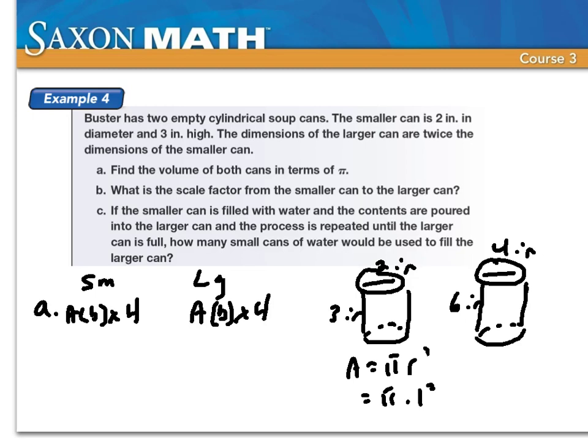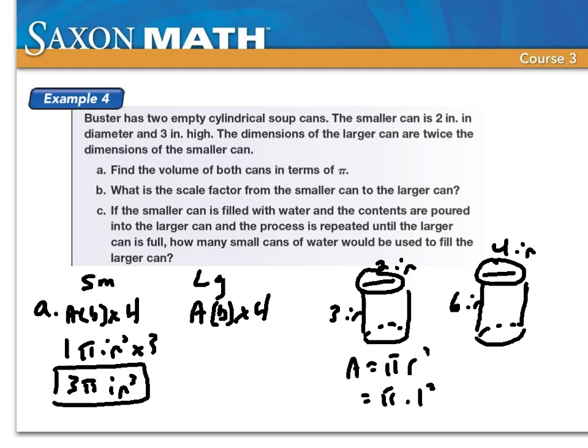So the area of the base is 1 times pi inches squared, times the height, which is 3. Well, 1 times pi times 3 is just 3 pi inches cubed. We multiply the number parts and then put pi after it. So the volume of the smaller can is 3 pi inches cubed.